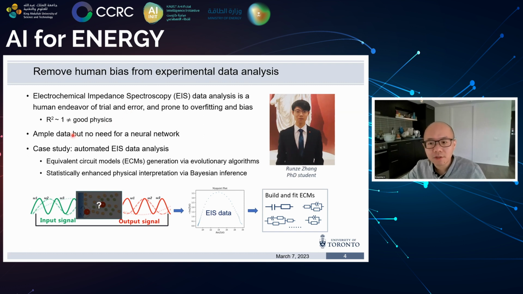And also, the EIS data analysis is an example where we have abundant data, but we don't need to train a neural network. What is important here is rather a physically reasonable, interpretable, and simple circuit model.